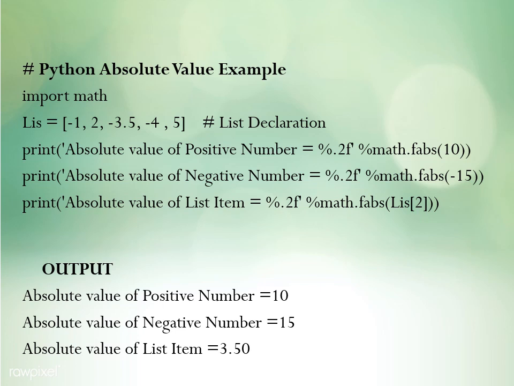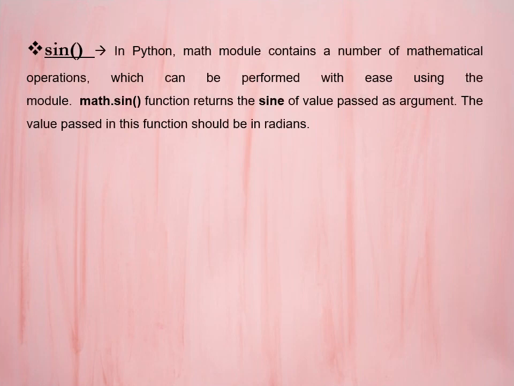If I am taking math.fabs of the list's second index, what is the value at the second index? -3.5. So it will print 3.50, that is the absolute value of -3.5.